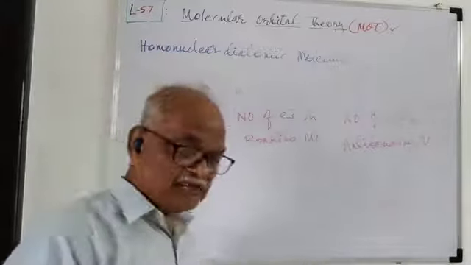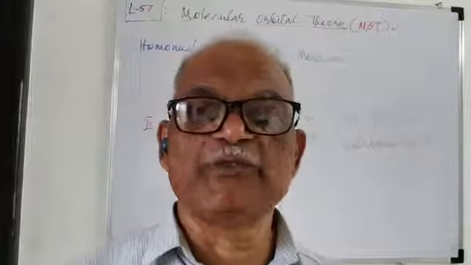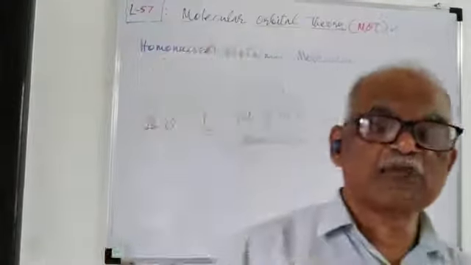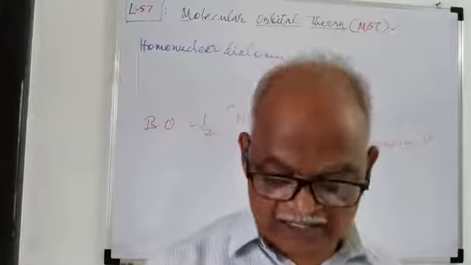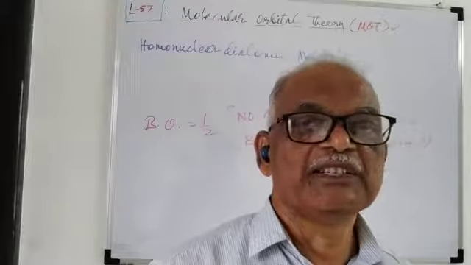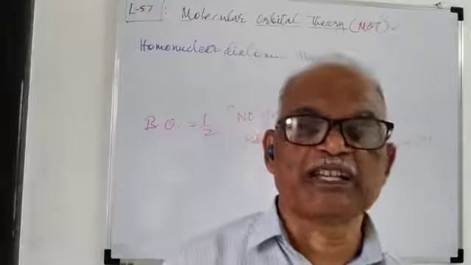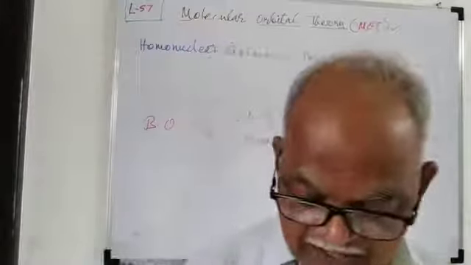This will give us the bond order, meaning the multiplicity of the bond, the number of bonds which are holding the 2 atoms together. For example, if we consider the nitrogen molecule, N2, there are 3 bonds, out of which one is sigma and 2 are pi bonds, which hold the 2 nitrogen atoms together.